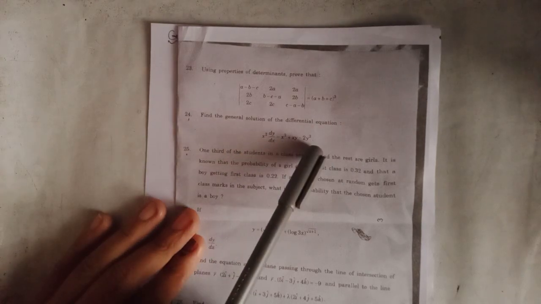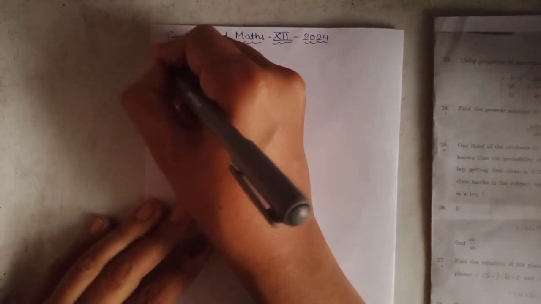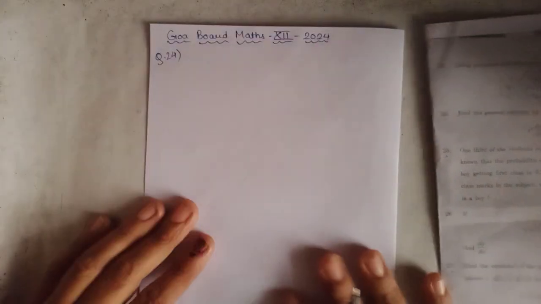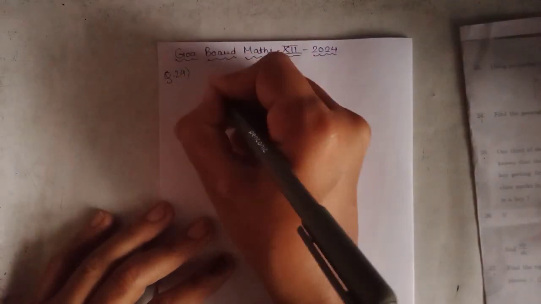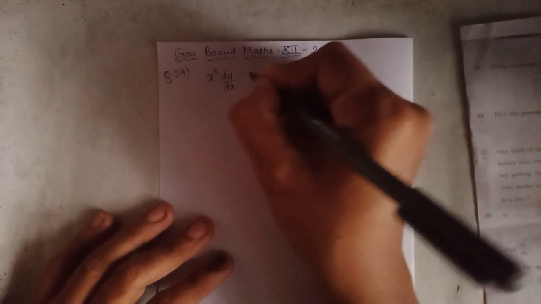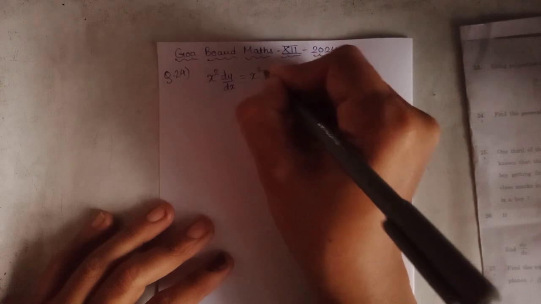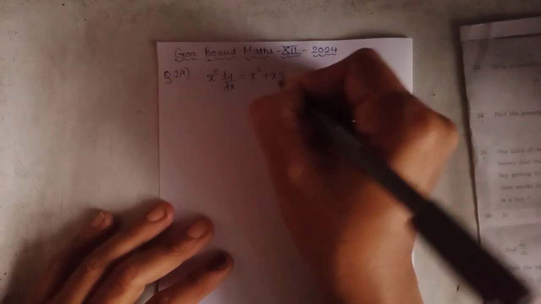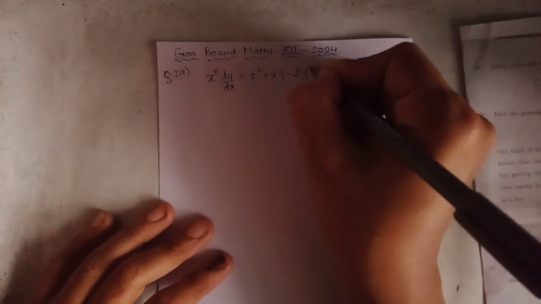Next question number 24. You have to find the general solution of the differential equation. So question 24, the differential equation is given to be x square dy by dx equal to x square plus xy minus 2y square.